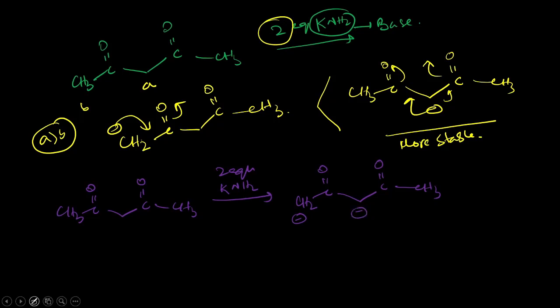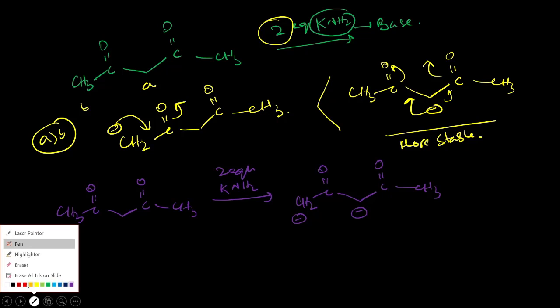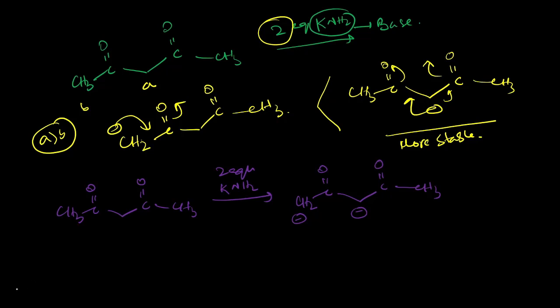Okay. Now all of us know that if we have a negative charge on the same atom, then basicity is directly proportional to nucleophilicity. So if you compare 1 and 2, 1 is more nucleophilic than 2 because the negative charge density is more over 1, hence the basicity will be higher. Okay, so the more the basicity, the more the nucleophilicity.